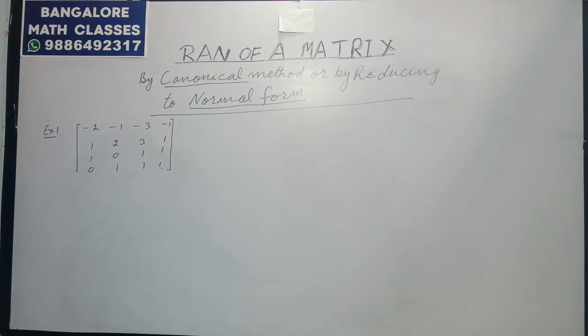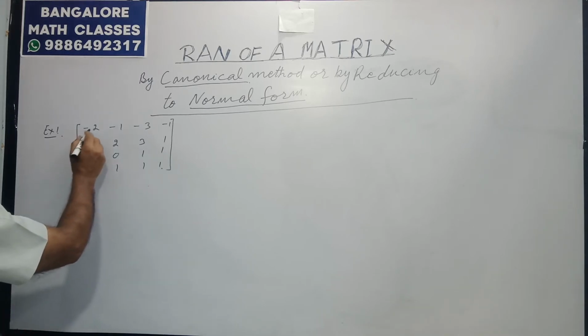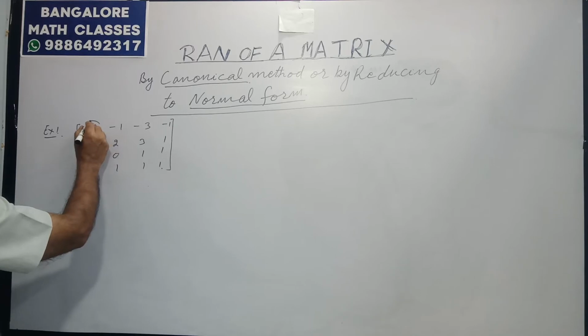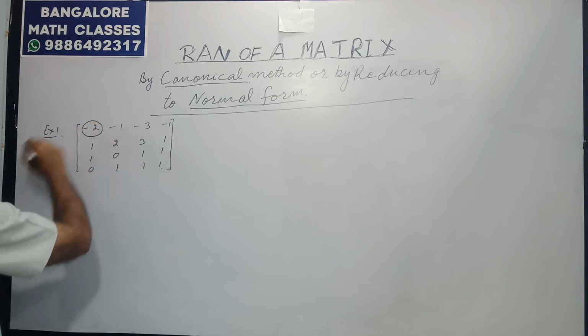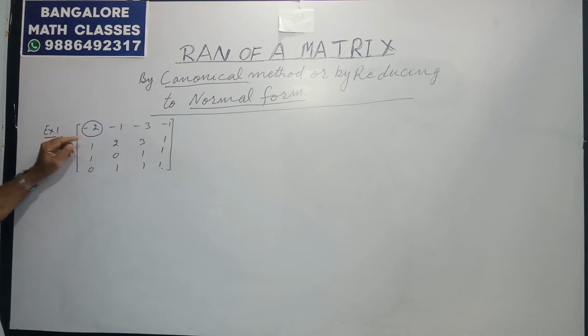How will we do it? First, the leading entry should preferably be 1. Here it is -2. We have two choices.